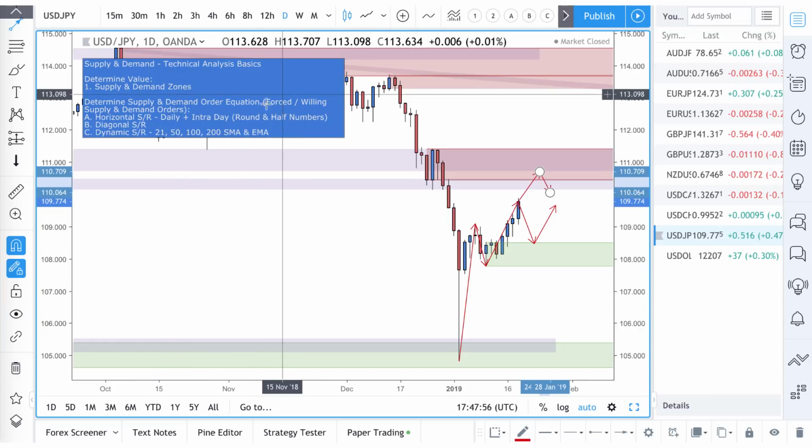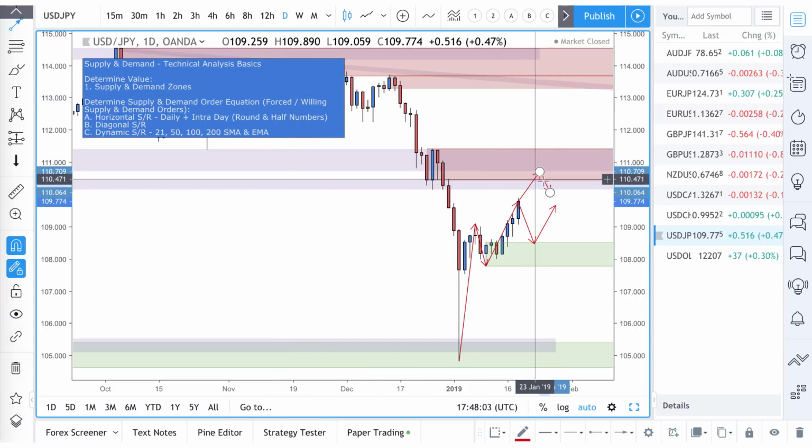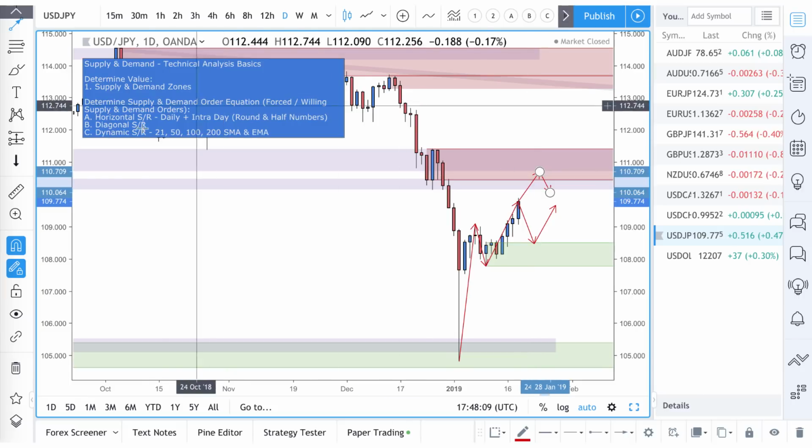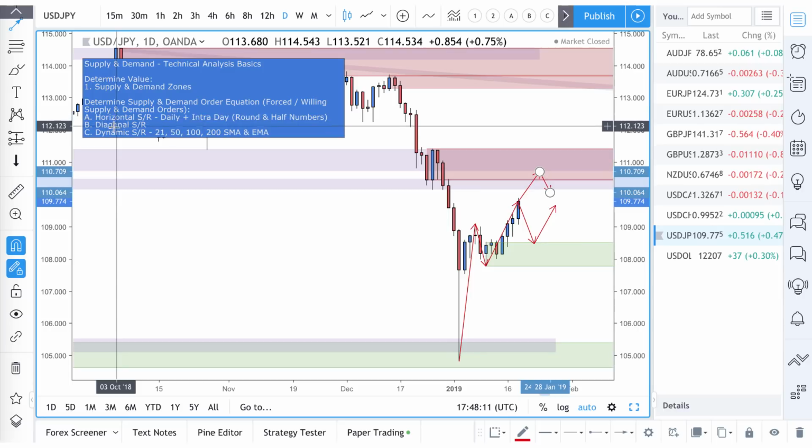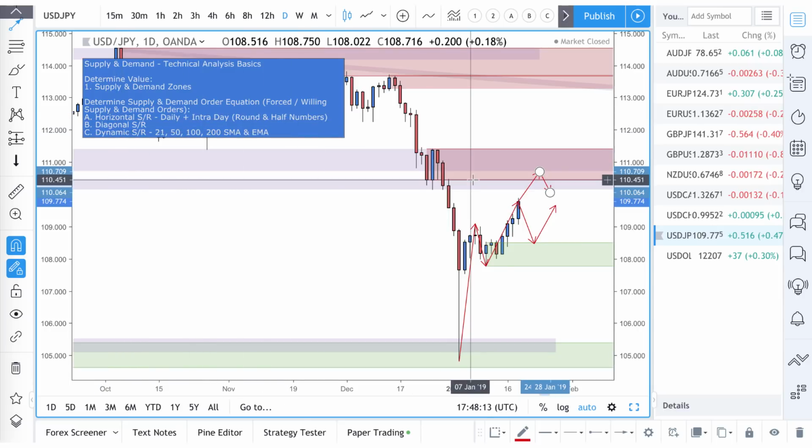So what we use is basically understanding where forced and willing supply and demand orders are going to be coming into the market. And again, there's a video in the description box below which explains everything. So I use horizontal, diagonal and dynamic support and resistance within areas of supply and demand to understand technically where there should be more supply or more demand orders, right?